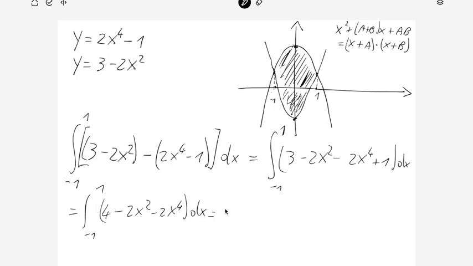Well, the integral of 4 is 4x, minus 2, the integral of x squared is x to the 3 over 3, minus 2, the integral of x to the 4 is x to the 5 over 5, between minus 1 and 1.